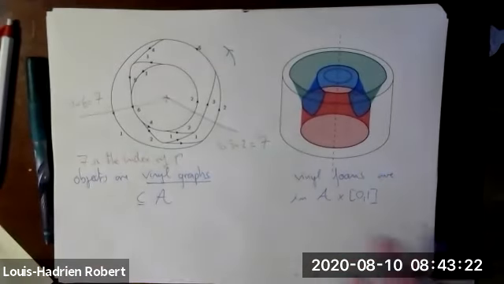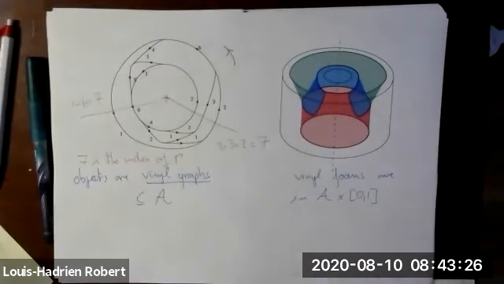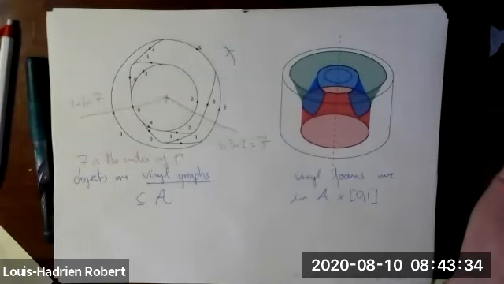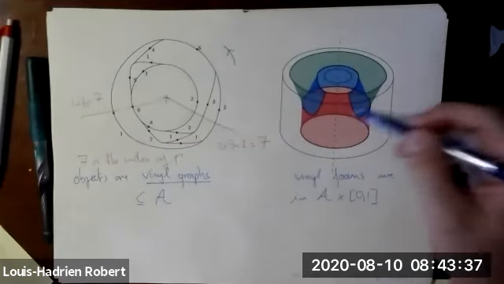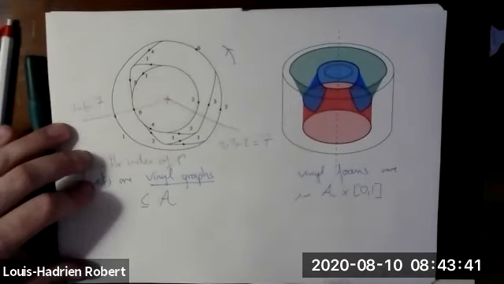And they should respect this vinyl property of graphs. I don't know if this is very clear, but probably it is. Here I want to make a remark which is important.